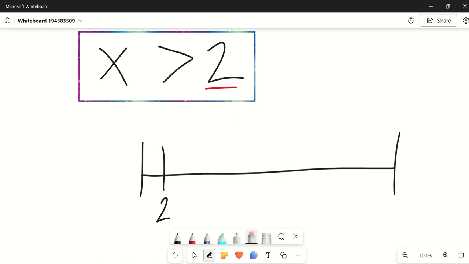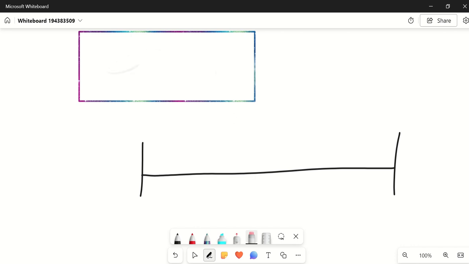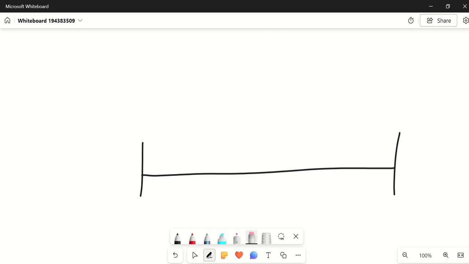So, let me give you some examples here. B is greater than 5. Really quick, which side is the arrow pointing to, ladies and gentlemen? The right. 5 should be on what side of my graph?